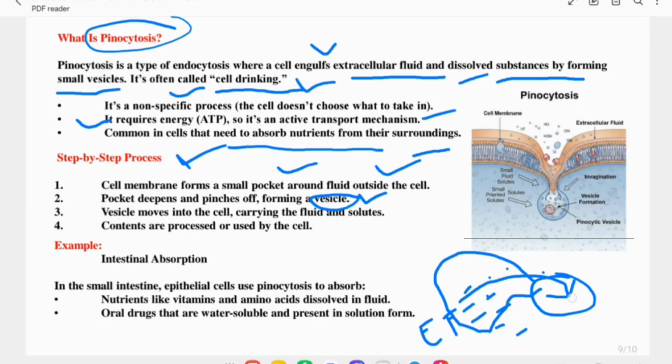Then the contents are processed and used by the cell.